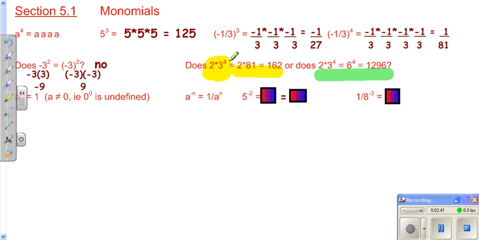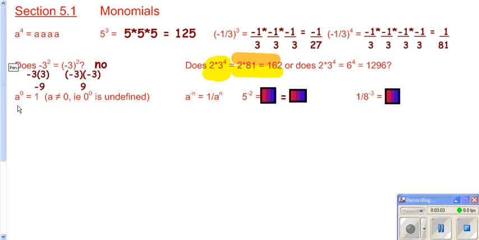Over here, we did the exponent first, and then we're going to do the multiplication. So you need to remember your order of operations. Do you multiply first or do exponents first? And the correct answer is you do exponents first. So the first one is the correct answer.